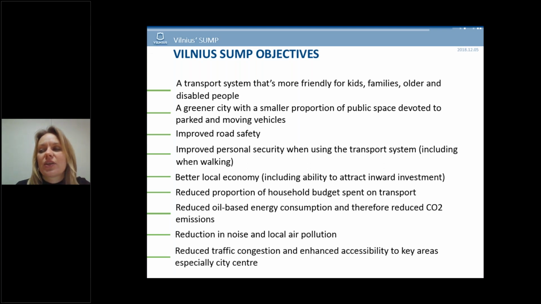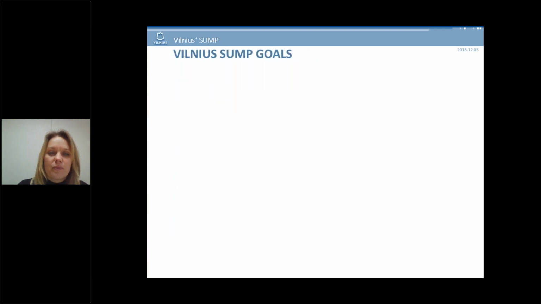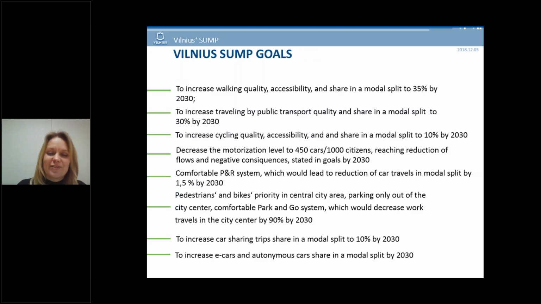And as it was said, I think in Copenhagen or Malmö's SUMP, the city must serve and mobility must be such that the kid and the old person can use it. So our main focus was about that. Funny, I first showed objectives and then the goals, but never mind, I'm not going to read it anyway.